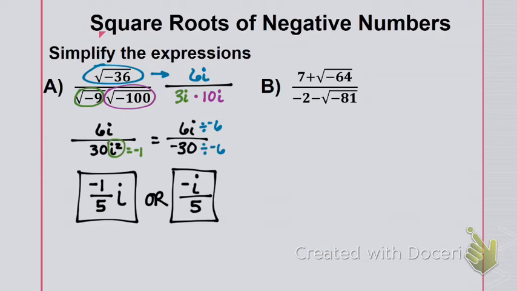Question. Are these in the form of a plus or minus bi? First one is. What is the real part, the part that would be where a goes? 0.